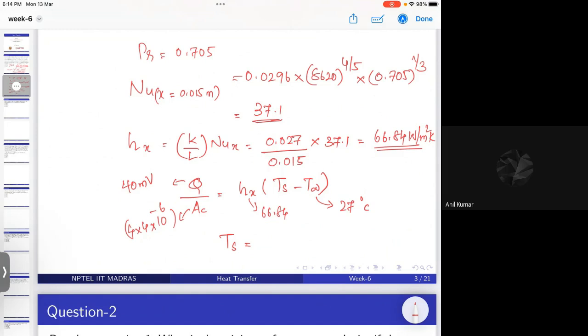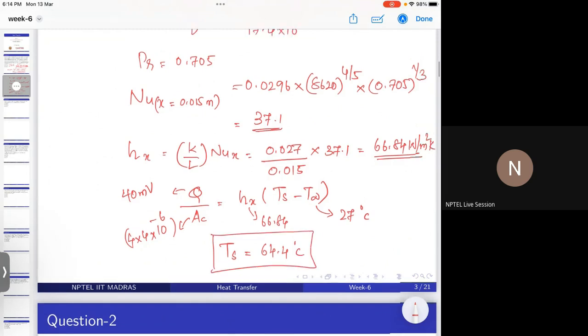So is it 64.4? Yeah, it's close to 66.4. Sorry, 64.4. Okay.